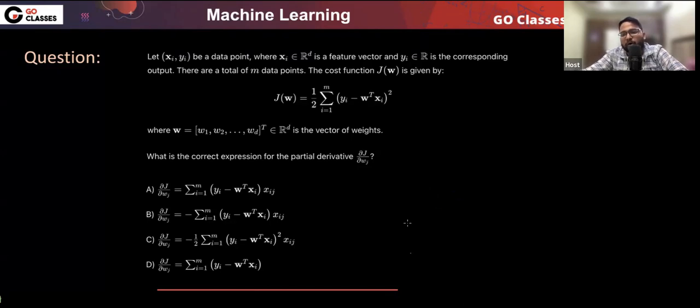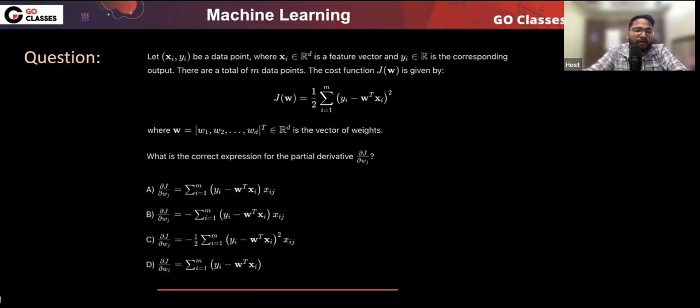Generally, we will not write the bias again and again, because that can be easily taken care of with the help of the data matrix. One of the features I can keep as one. So we won't keep saying W transpose X plus B; let me just write W transpose X. The bias is automatically taken care of in the data itself.